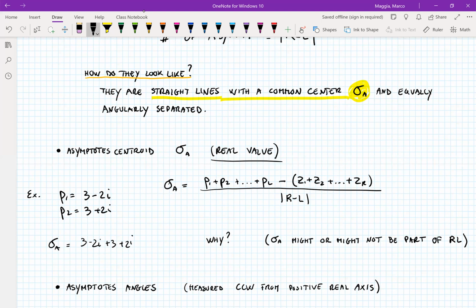You see that since all the open loop poles or zeros are complex conjugates, their imaginary parts will cancel out. So in this case, the centroid is placed at +6.